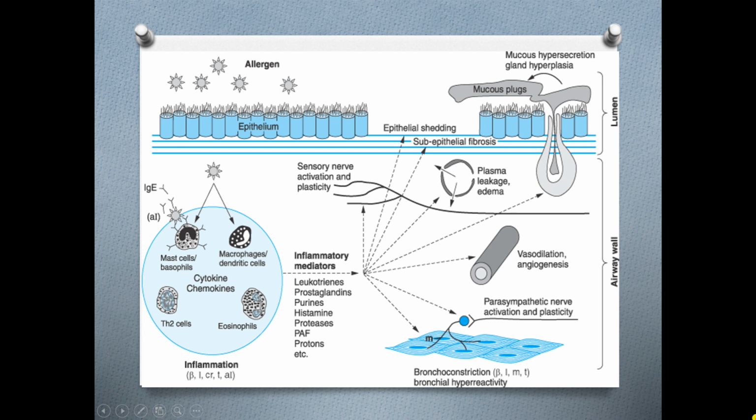Along with the secretion and the bronchoconstriction, there is an acute bronchospasm which will be reflected as an acute episode of bronchial asthma.